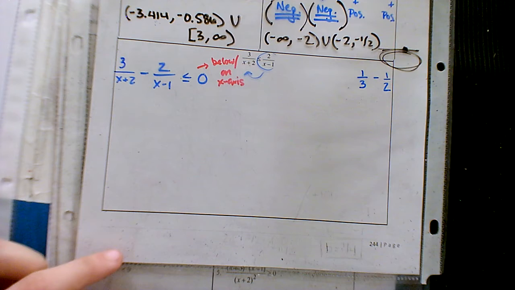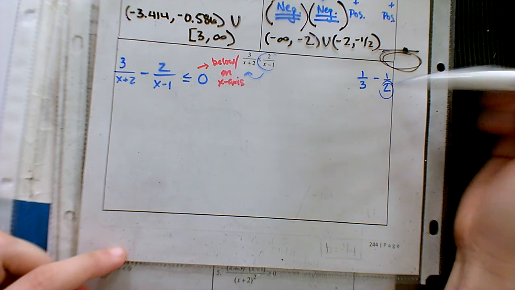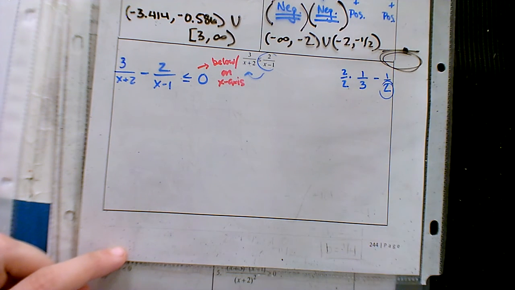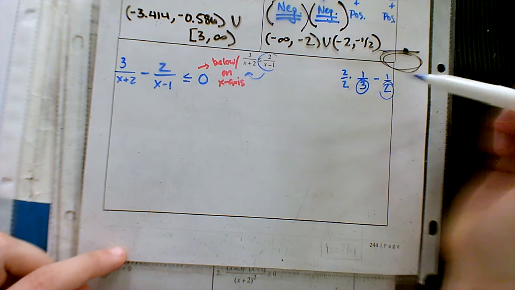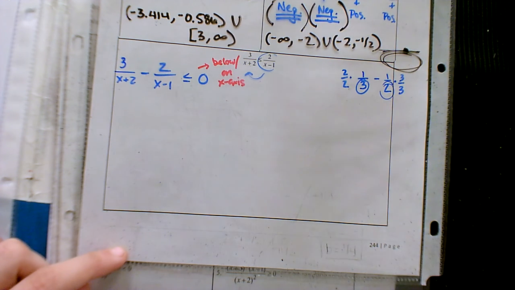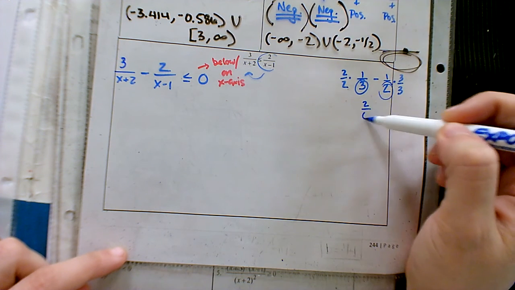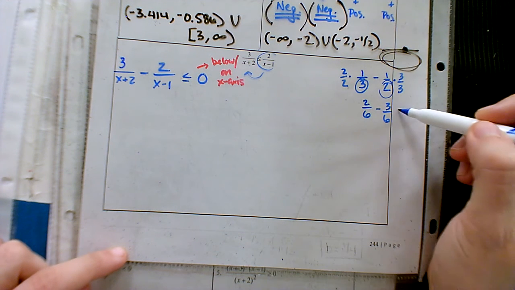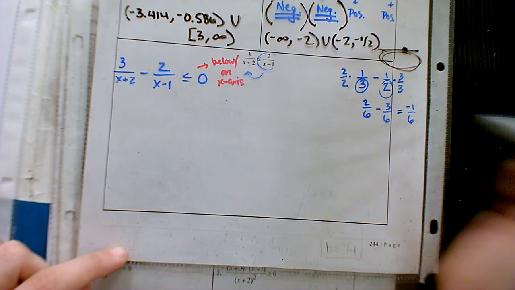So a shortcut here is if you take this denominator, we're going to multiply that by the opposite fraction on top and bottom, and then we'll take this denominator times the other opposite fraction on top and bottom. And notice how that will give you that least common multiple of 6 in this case. So it looks like over here we'll get negative 1/6.